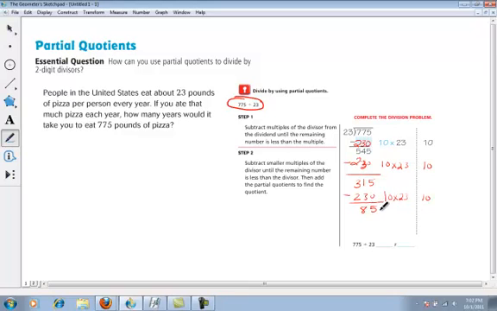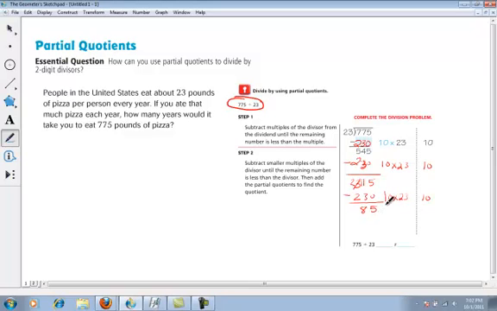And this would leave me with 85. And I can write it this way to show you how I can figure that out. Well, with 85 pounds left, I can't make another 10 groups of 23. That's not going to work.